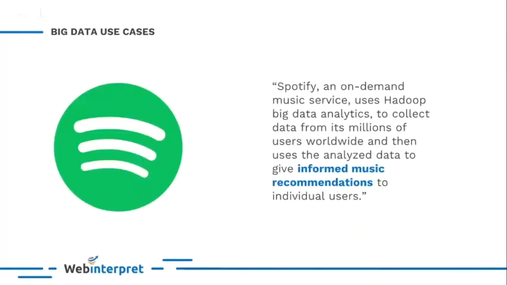The other example, probably known to you, is Spotify. They also use big data. They used to use Apache Hadoop. They had the second biggest Hadoop cluster in Europe, and they use it basically to show you what you should listen to now, maybe Rihanna or whatever.